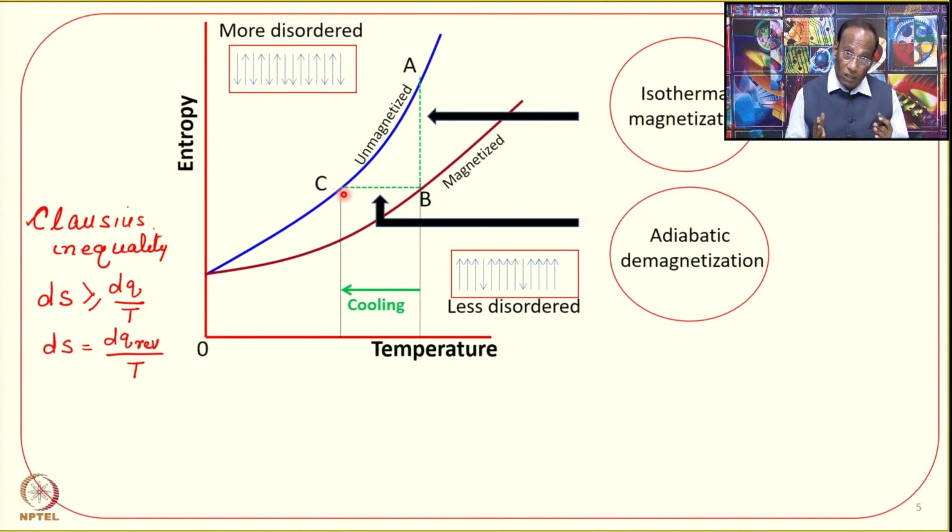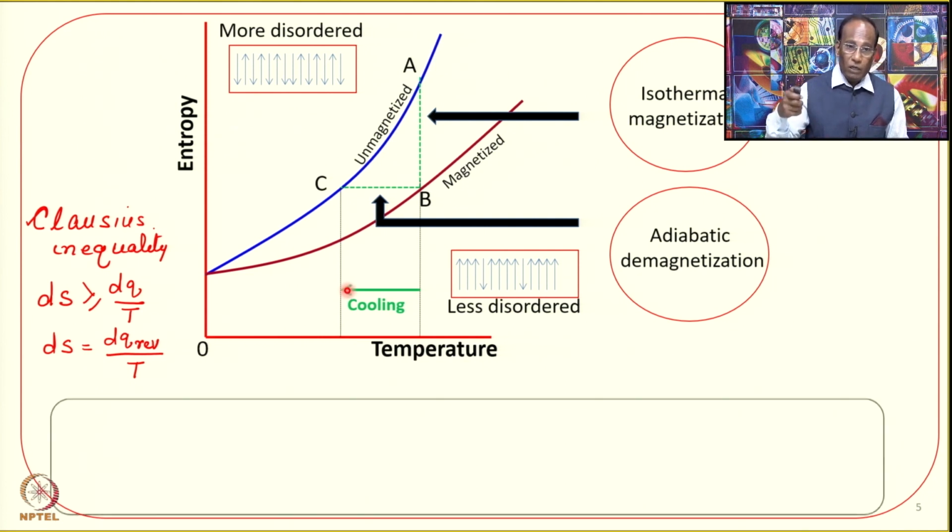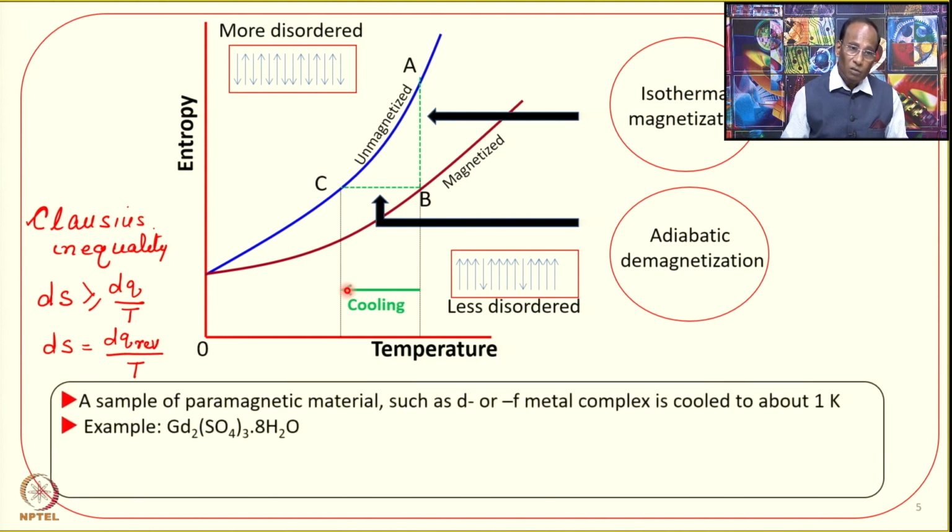Now carefully examine what has happened from B to C: the temperature has decreased. There is cooling which has been produced. What is done here is we need a paramagnetic material, as we discussed, with a lot of electrons creating paramagnetic behavior.